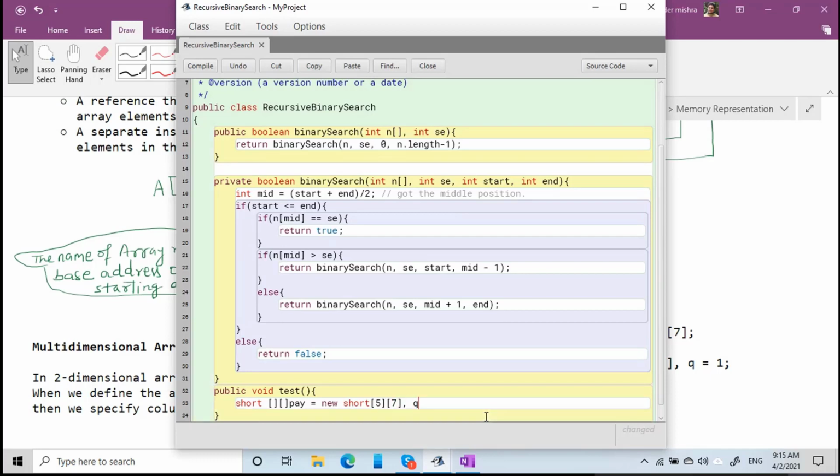I want to declare a variable here, q equal to, say, starting value 0. So now when I go down, it is producing an error, right? It is showing incompatible types, cannot be converted to short double dimension array, correct? So this error you will get when you declare the square bracket before a p variable. Whatever variable you declare after that will be treated as a double dimension array.